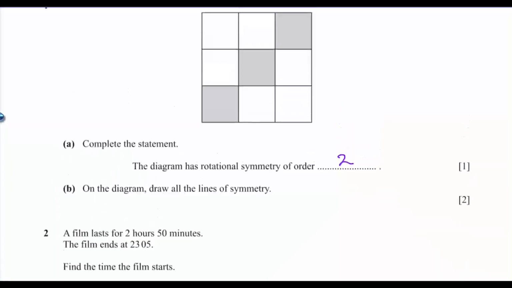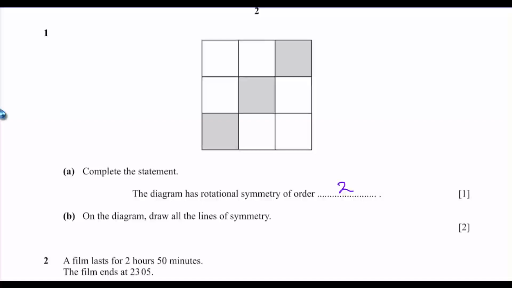On the diagram, draw all the lines of symmetry. A line of symmetry is a line that divides a shape into 2 equal halves in such a way that when the 2 halves are flipped over one another, they fit in perfectly.